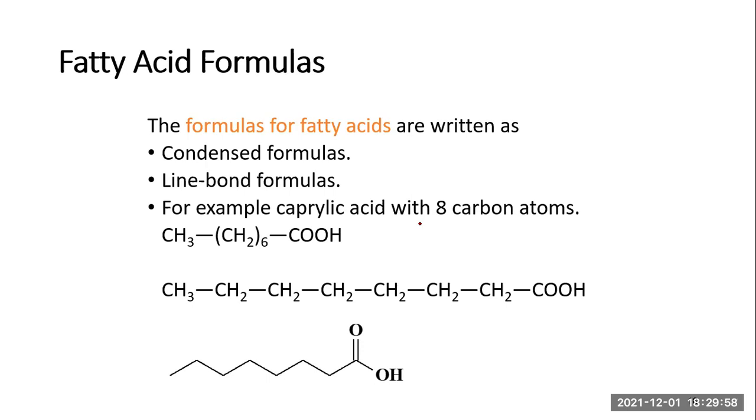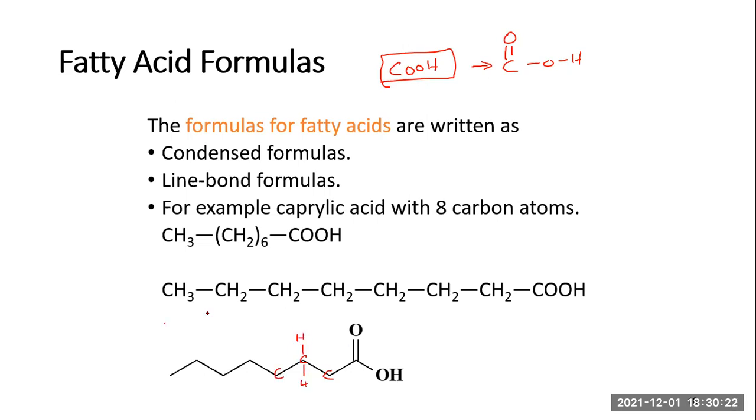Like in organic chemistry, we can use a bunch of different formulas. Remember that COOH is a shorthand that's used in formulas to represent the carboxylic acid group. We could use a line structure, just like in organic chemistry. These are all carbons, and obviously hydrogens are attached there. I won't draw them all.